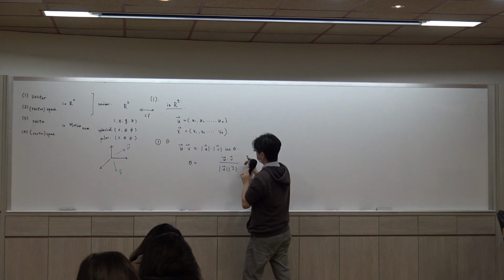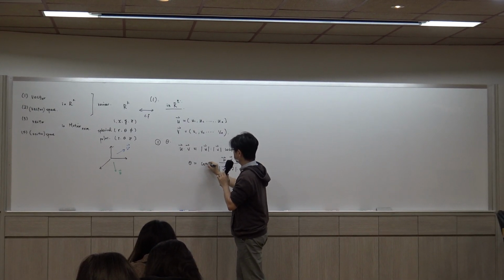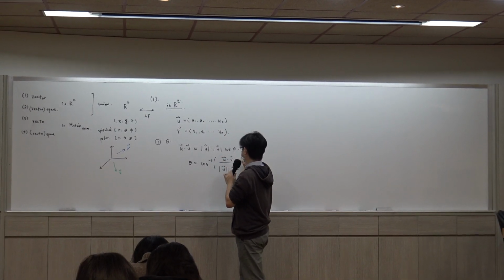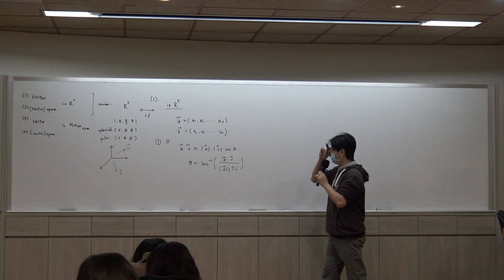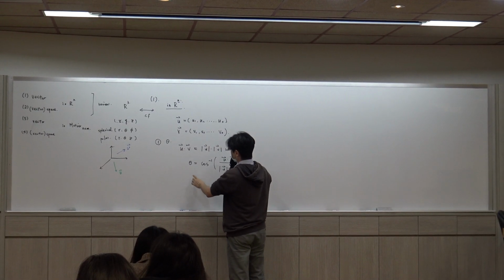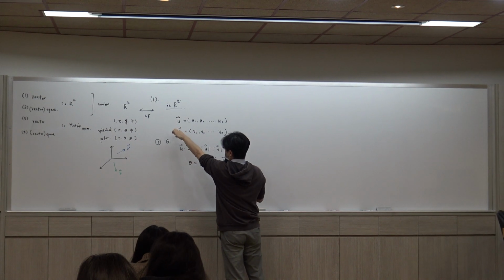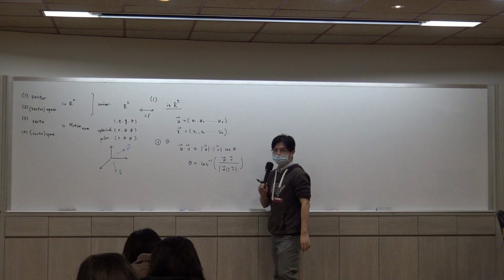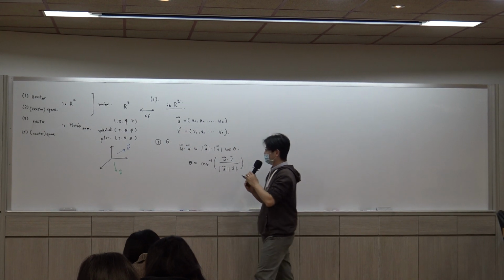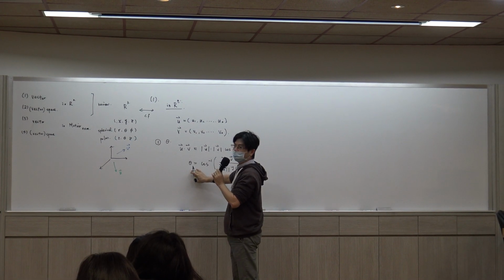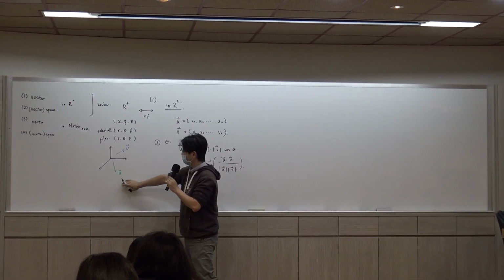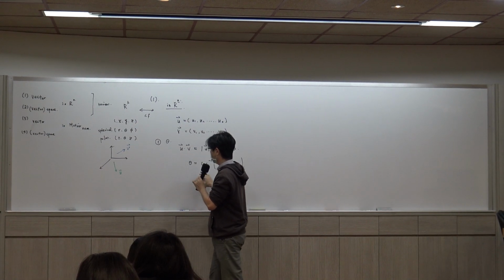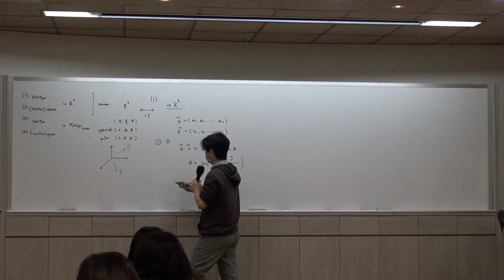Then we can perform the inverse cosine. Then we can get the angle between the two vectors. So it works for the low-dimensional space and the high-dimensional space.